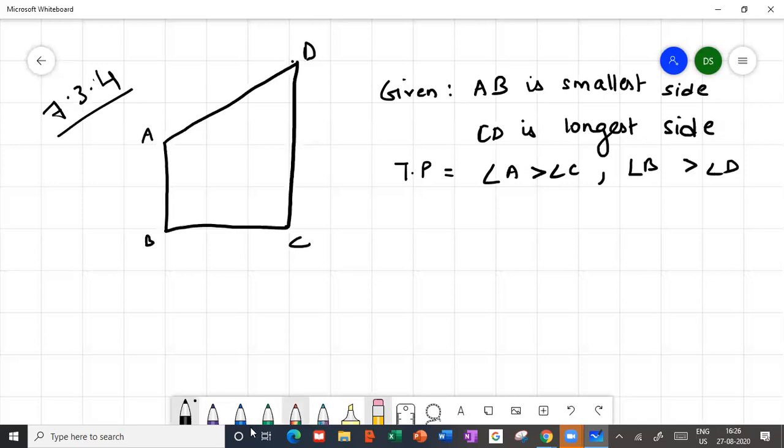So basically, what is angle A? Let's see, this is angle A, this is angle C, this is angle B, angle D. Okay, so let's divide it into triangles. That will make our life easier. I will divide this into triangles, correct?